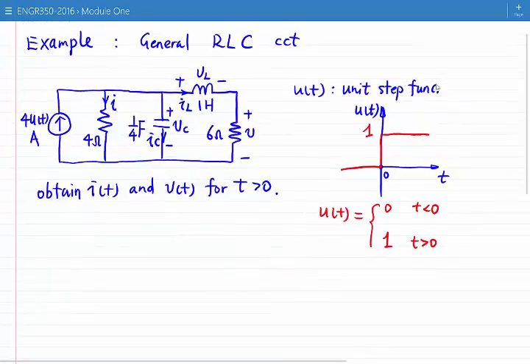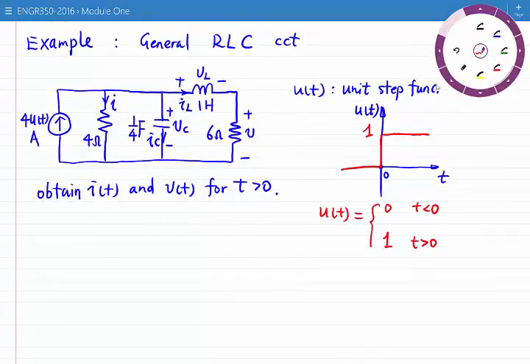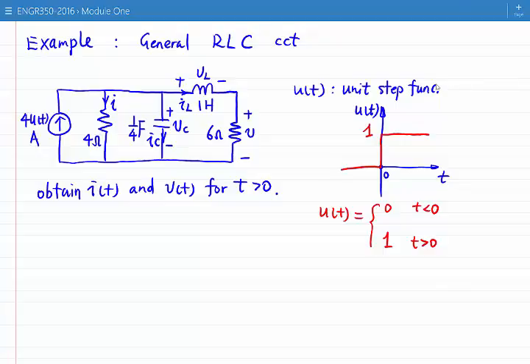Okay, so let's see how we solve this second-order circuit. It is a second-order circuit because we have two energy storage components: one is the inductor, another one is the capacitor. So let's look at the first step we introduced in the lecture. For the first step, we should solve for the initial conditions.